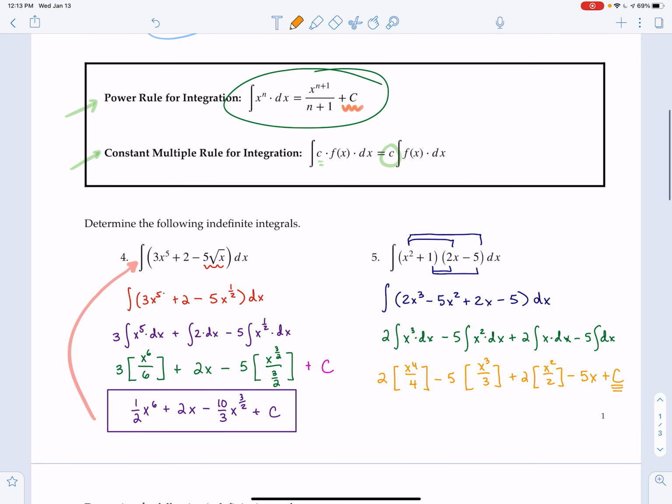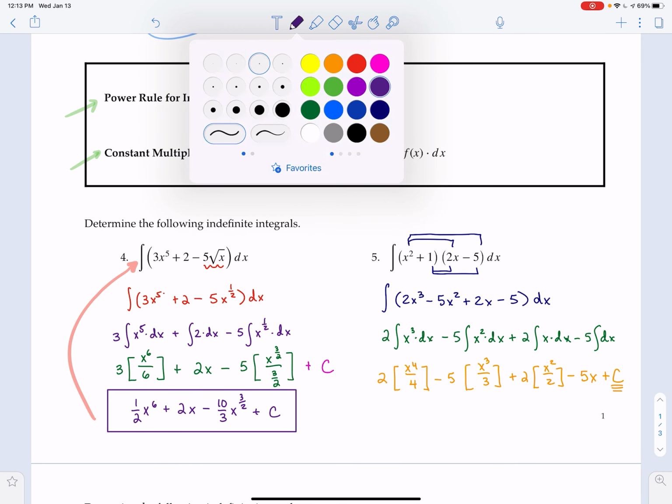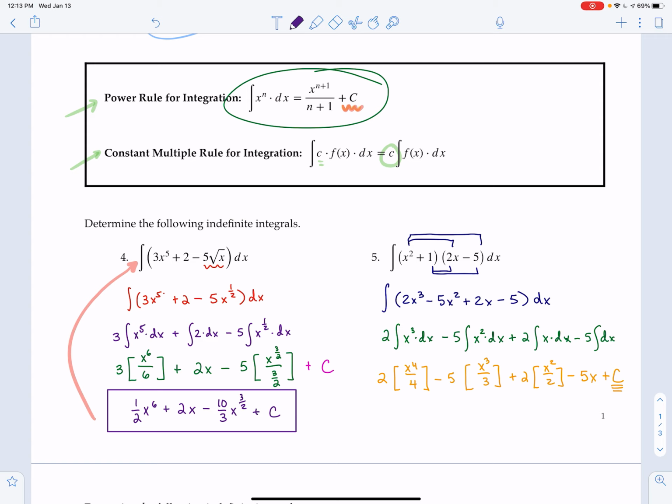And then your final step here is just to tidy up and simplify and multiply through these constants. So I get 1/2 x to the fourth minus 5/3 x to the third. The 2 and the x squared over 2 cancel, so just x squared. That's awesome. That's fun when that happens.